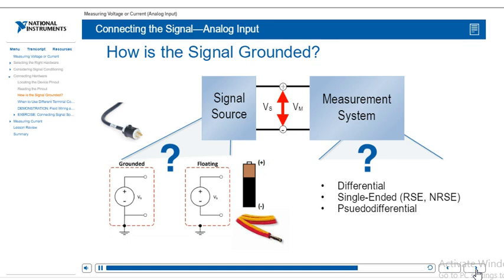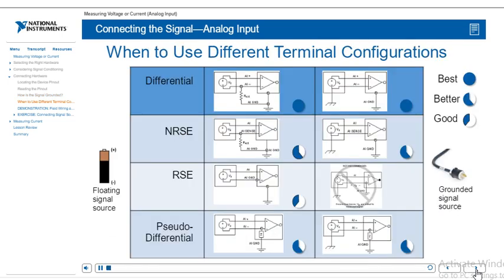For the rest of our talks about grounding, Vs will refer to the voltage level of our signal source, and Vm will refer to the voltage measured by our DAQ device. Input terminal configurations take into account how the measurement hardware is wired to receive signals. I know this is a lot of information on the slide, but you only need the details when you're developing your system.